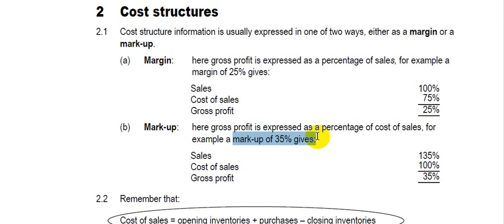So quick recap: margin fixes the sales at 100%, while markup fixes the cost of sales at 100%. These two are very important for you to remember.